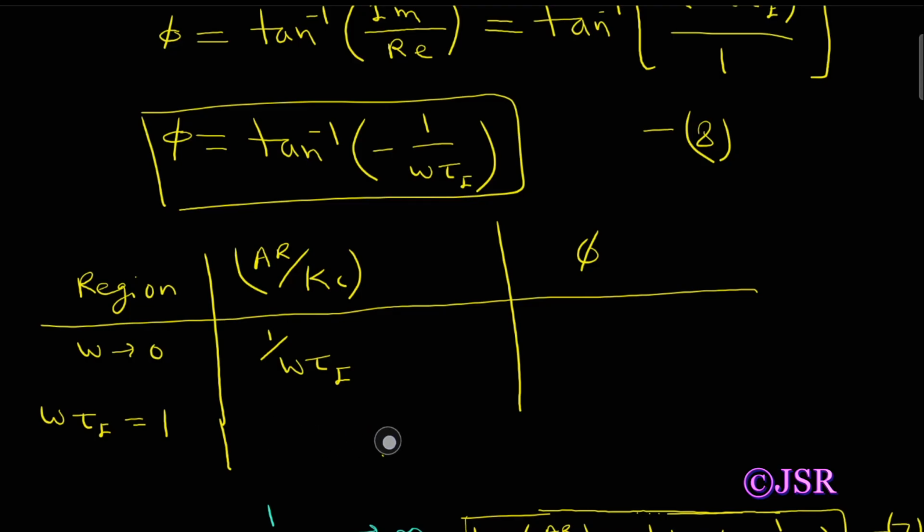Sorry, this is wrong. So when omega tau is equal to 1, this will be equal to root 2, and this will be equal to 1.41.